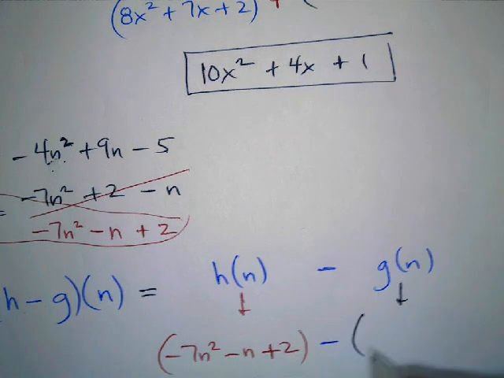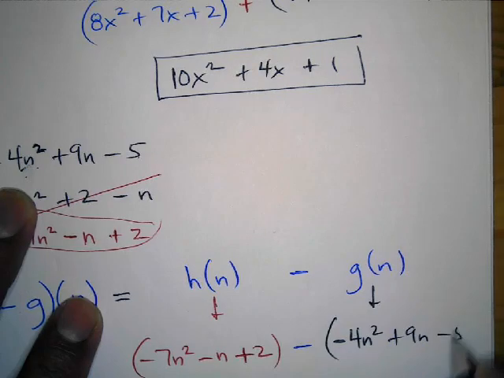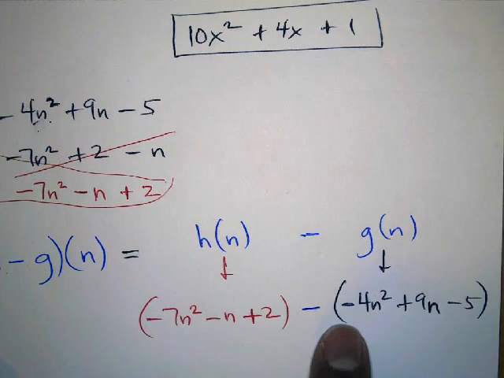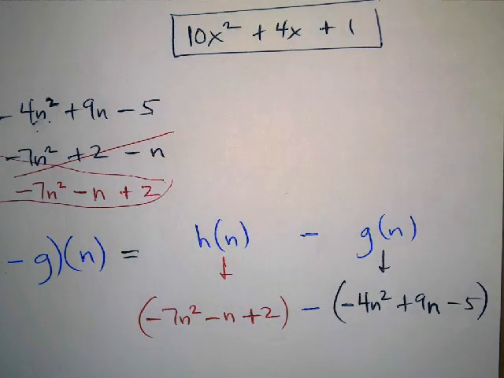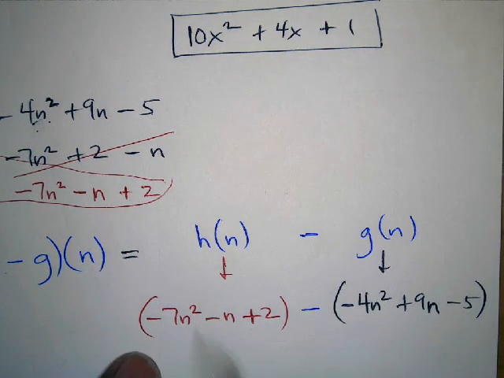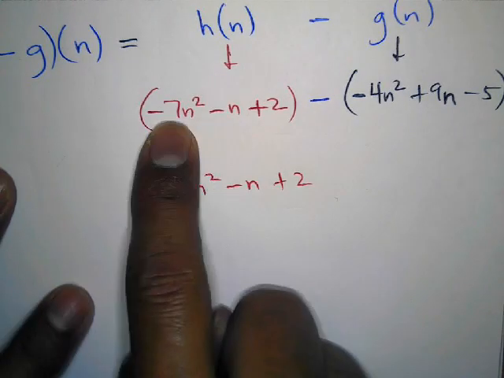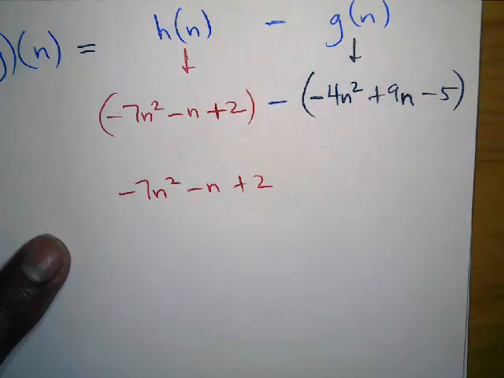Let's just write this one in. The g of n function is up here: in parentheses, negative 4n squared plus 9n minus 5. That negative is going to change it. So I'm going to keep this one, the negative 7n squared minus n plus 2.